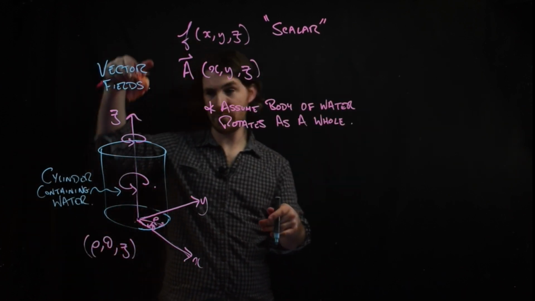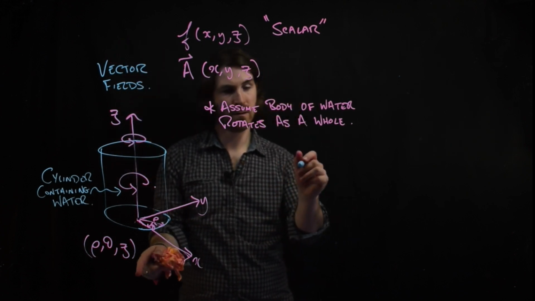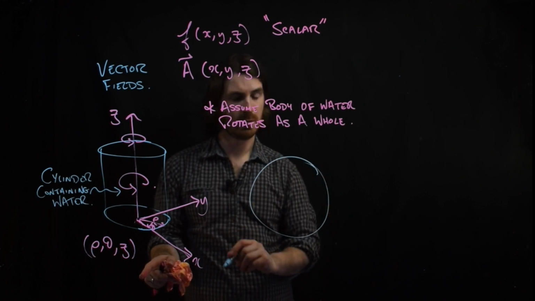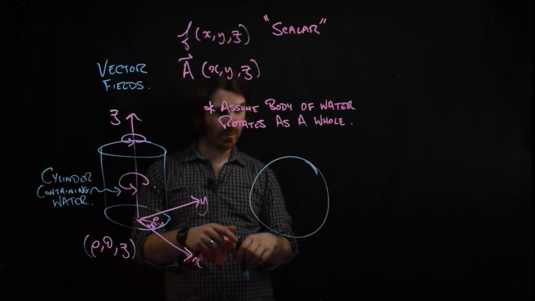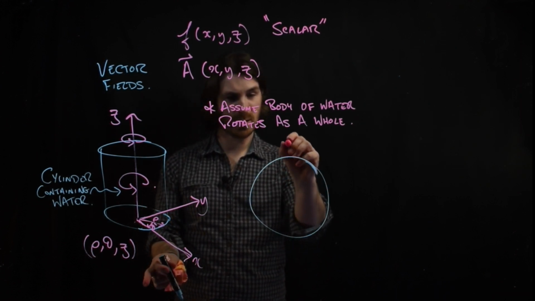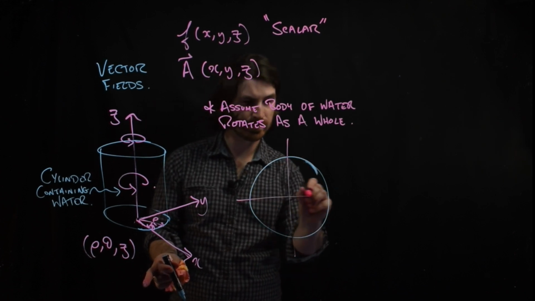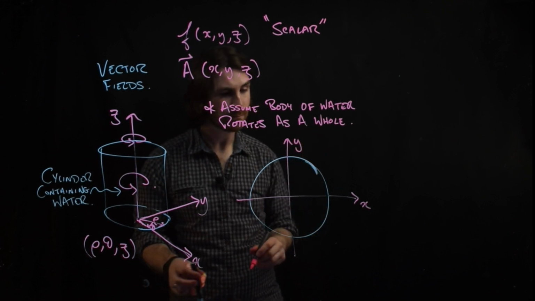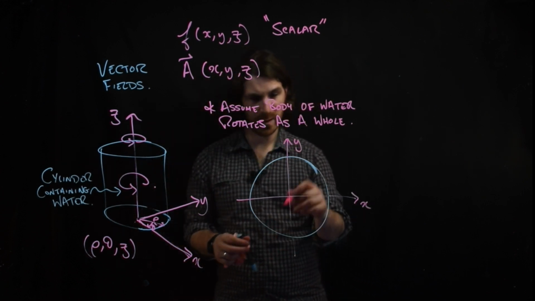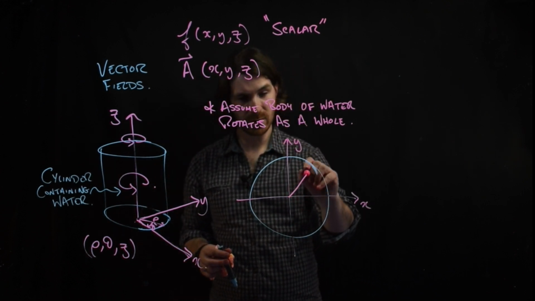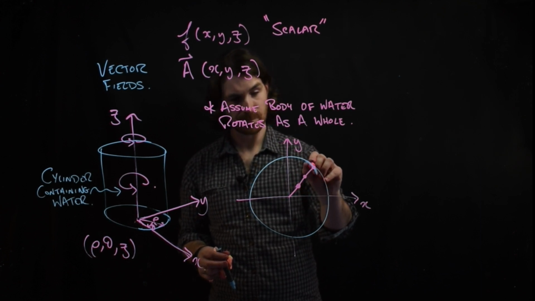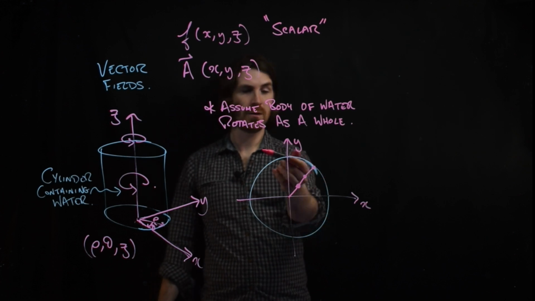What this means is if we look down from the z-axis, our cylinder looks like a circle. It's a badly drawn circle, but you get the picture. Then this is the xy plane, x, y. Then you can think about individual particles in the water, and you can ask the question, how do they rotate?